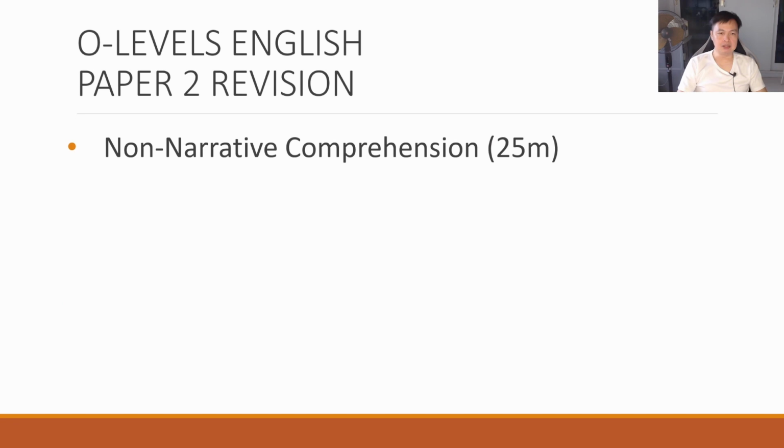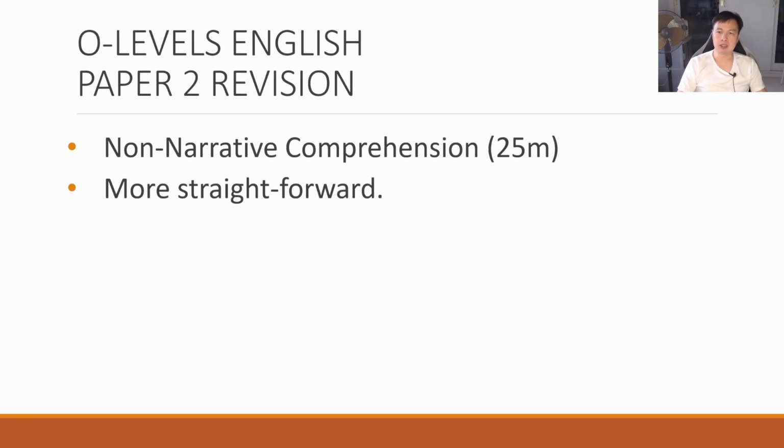Okay, last but not least, we have the non-narrative comprehension, and again, this is worth a whopping 25 marks. Now, this is more straightforward, right? The text type, right? You're given some information, and because this is not story based, usually, in fact all the time, there are no characters involved, right? Usually they may not involve even any human beings in the story itself.